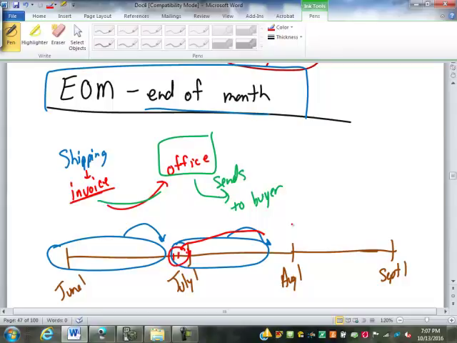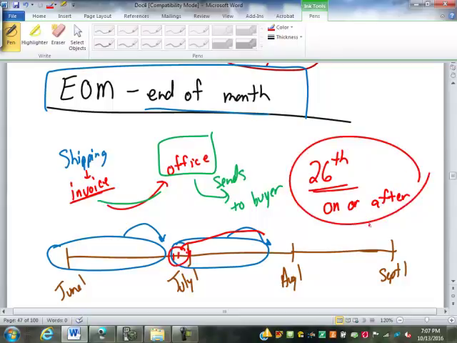Now, for some businesses, it's just a matter of chance how long it takes to get from shipping up to the office and how many days it takes them to get those bills processed and sent out. For the sake of this class, we are going to use the magic day of the 26th. So we're saying anything on or after the 26th goes into the next month.